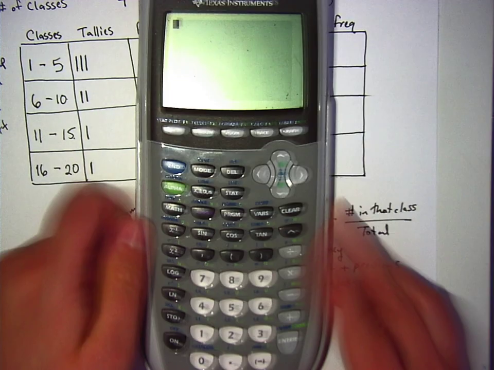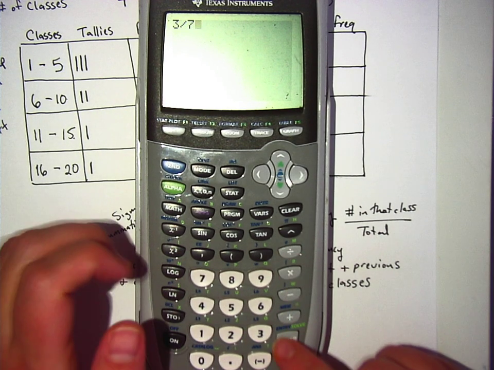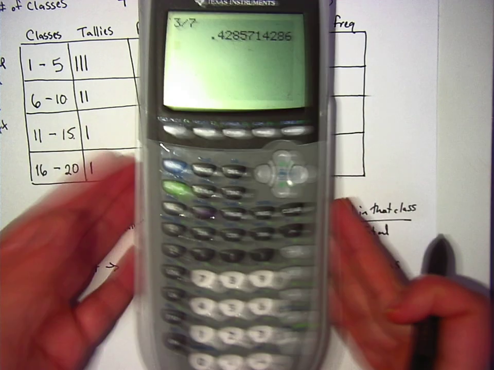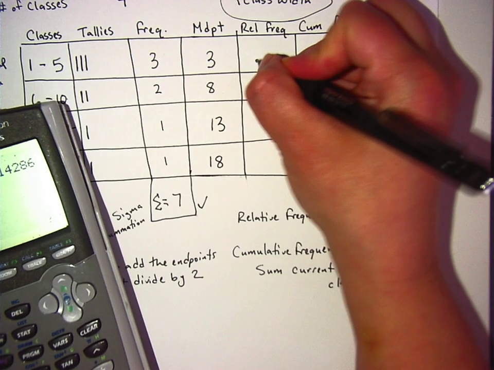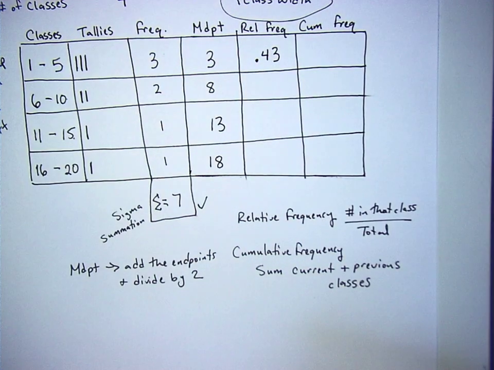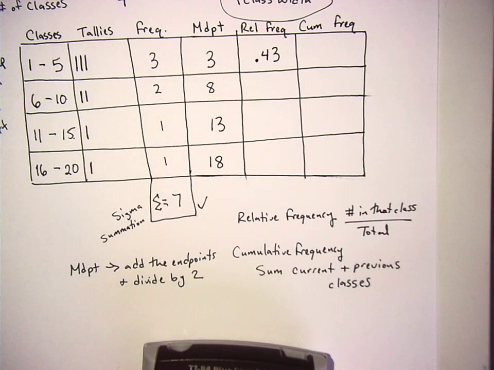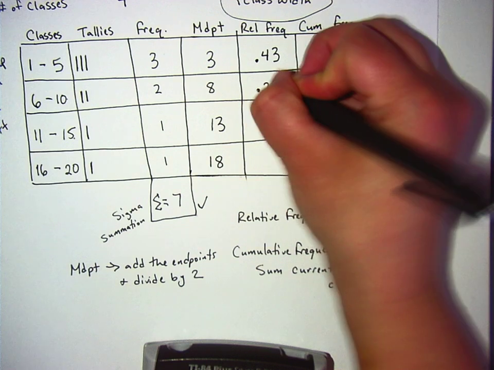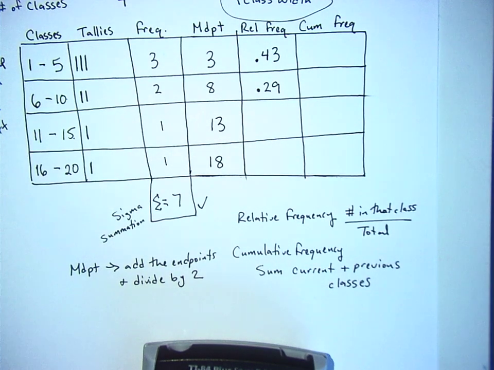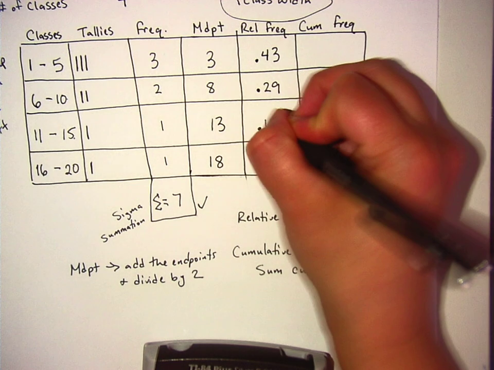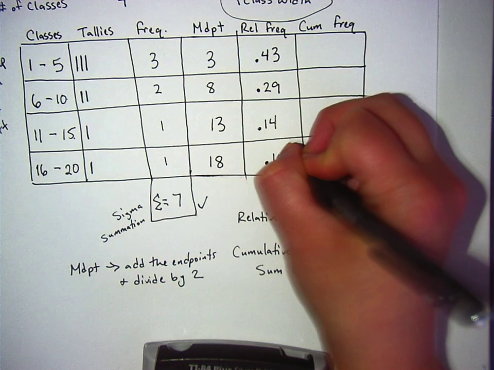So in my calculator, I'm going to type in 3 out of 7. And I get 0.43 approximately. About 43% of us are in that first class. Next one will be 2 out of 7, which is 0.29. And then 1 out of 7, which is 0.14 here and here.